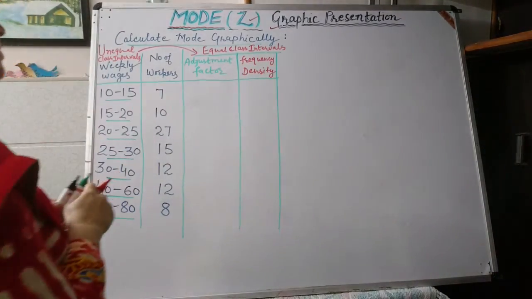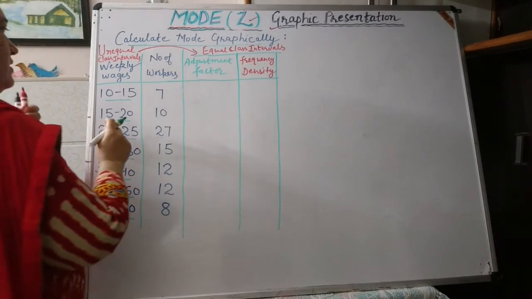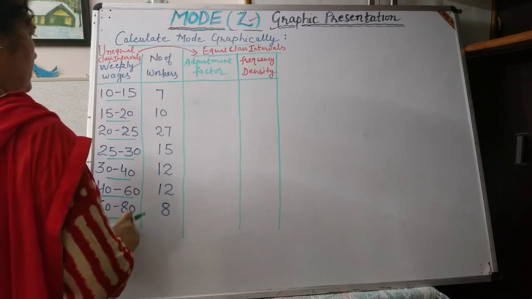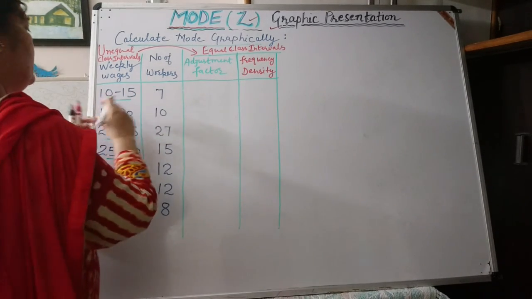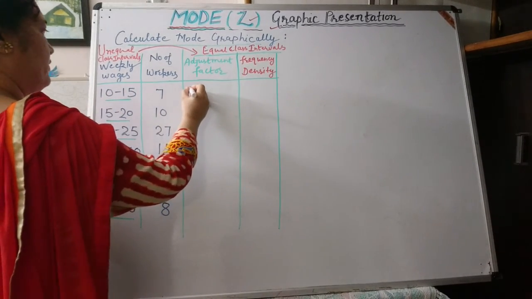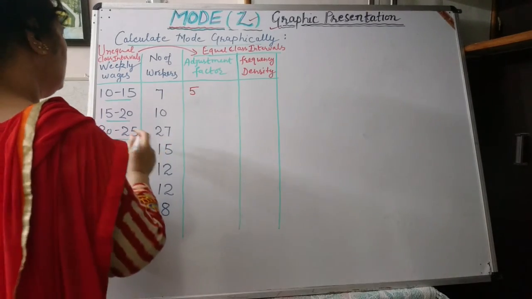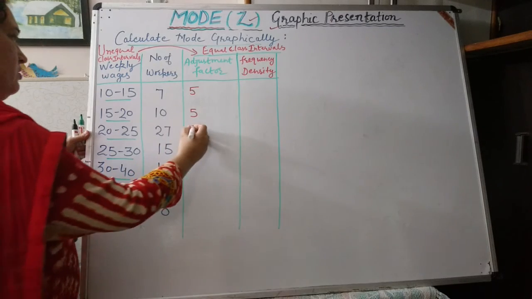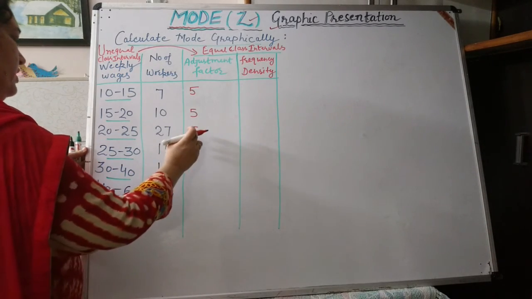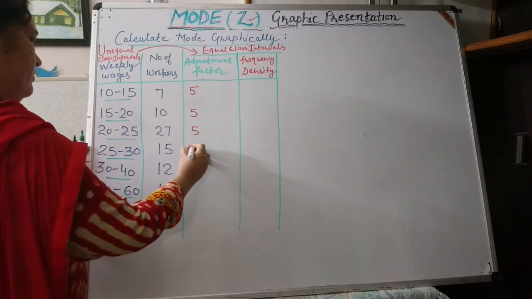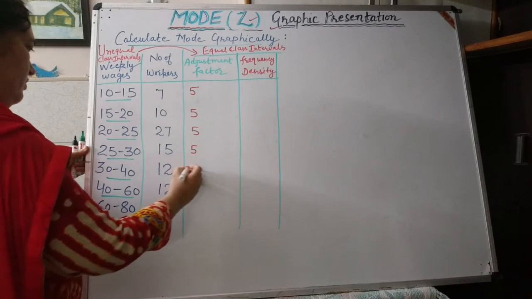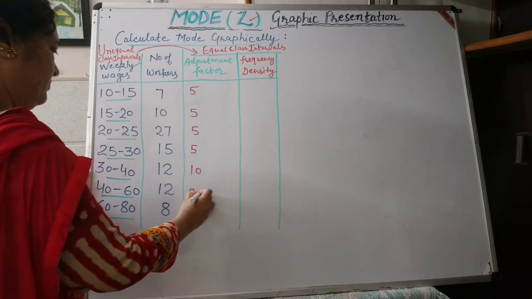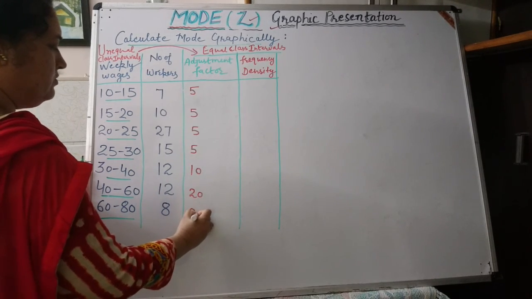In this first adjustment factor, let us write down what is the difference between each class interval. The first class interval has a difference of 5. Next class interval difference 5. Next class interval 20 to 25, difference 5. Next class interval difference 5. Next class interval difference 10. Next class interval difference 20, and last class interval difference 20.